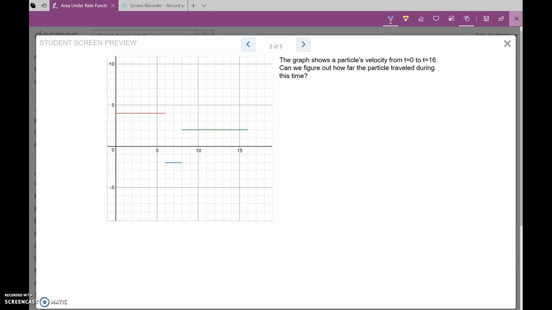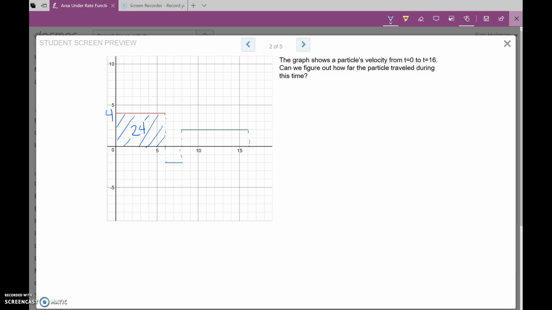So what I'm going to do is split this function up into 3 different segments. During segment 1, the particle was traveling 4 meters per second, and it traveled at that rate for 6 seconds. If you're going 4 meters per second and you travel for 6 seconds, you have traveled 24 meters. And that is the area under the function up to this point.